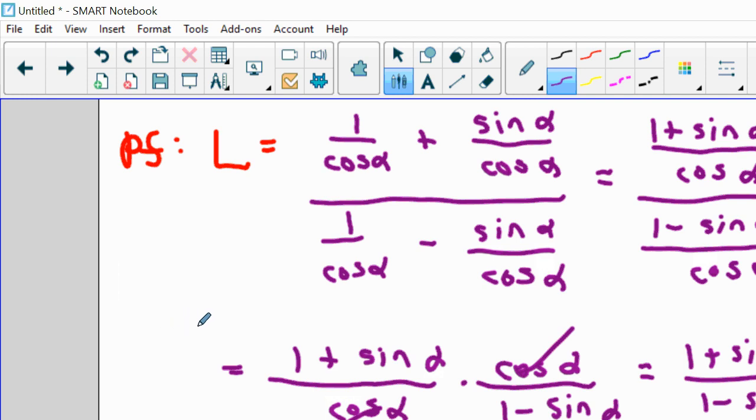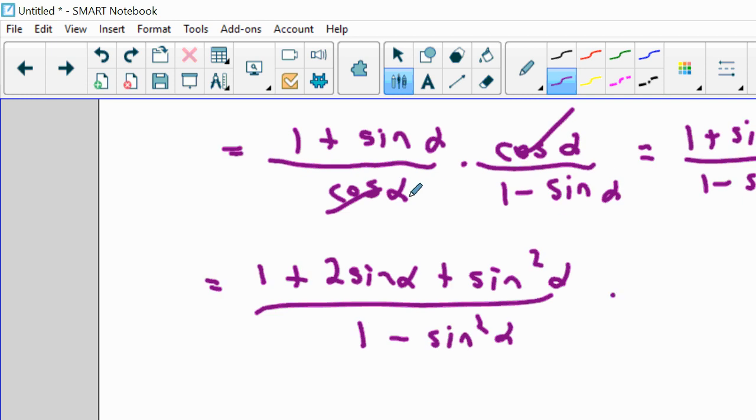So I get a 1 outer inner, you get a sine alpha, a 2 sine alpha, plus a sine squared alpha, over a 1 first last, minus sine squared alpha. So I picked up what I needed on the top.